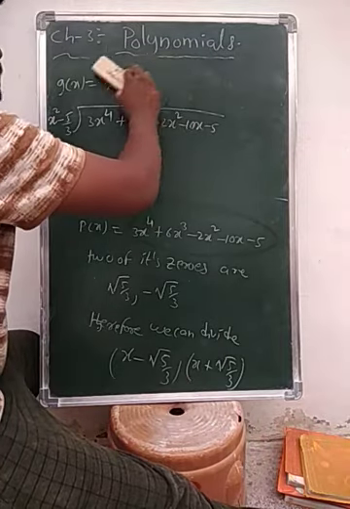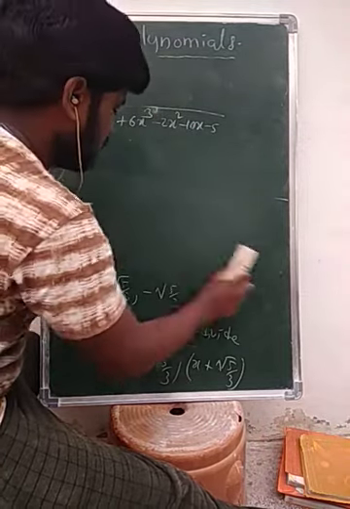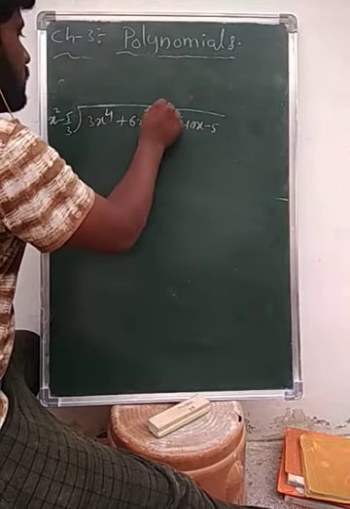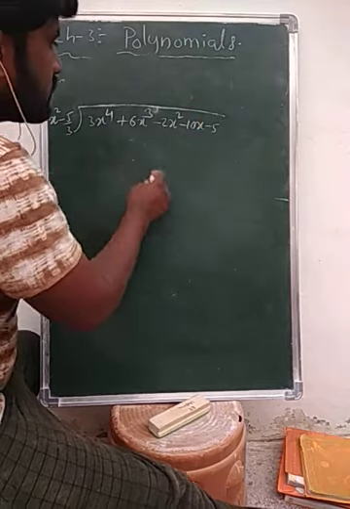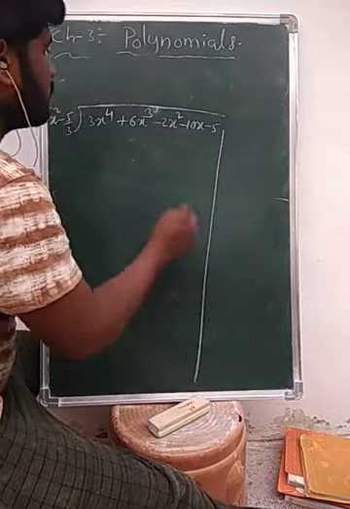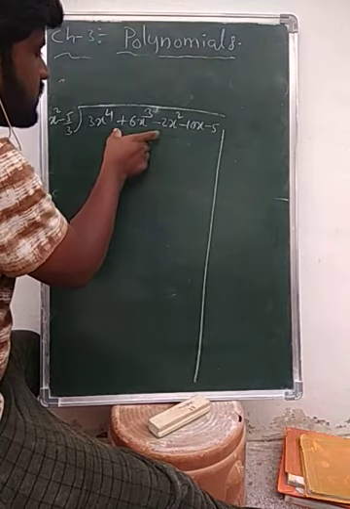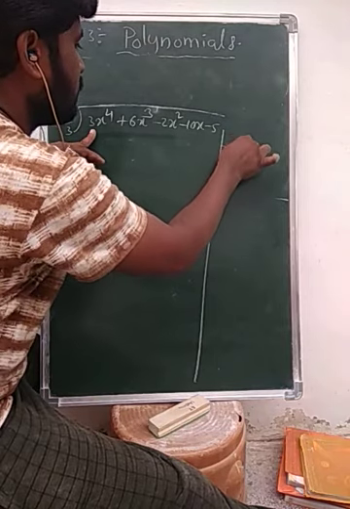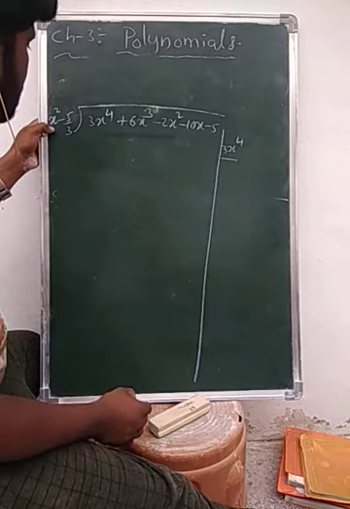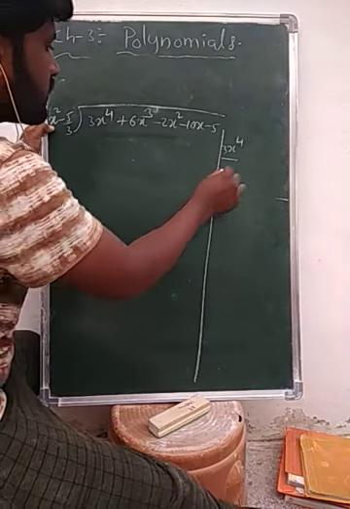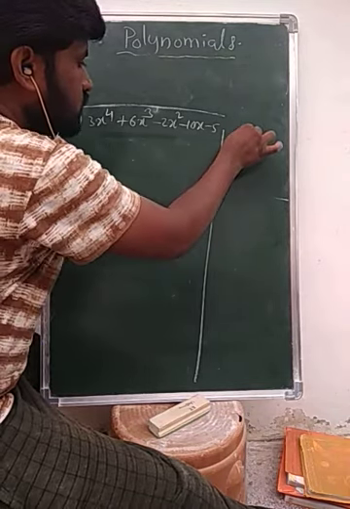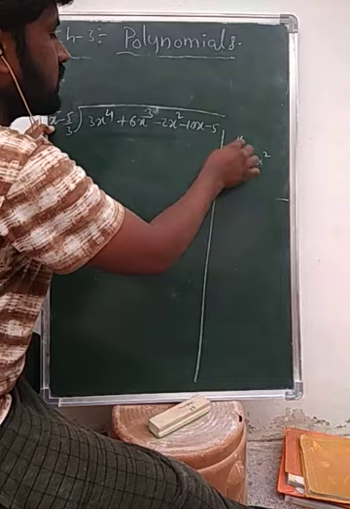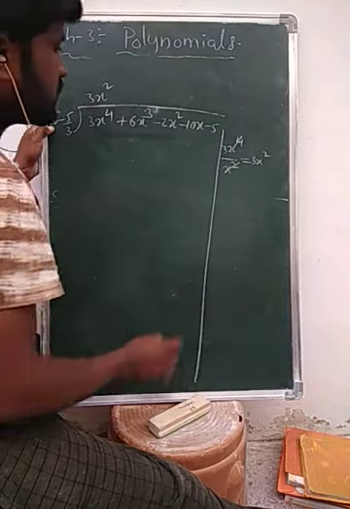Okay, now see what happened. In this dividend, what is the highest degree term? The highest degree term is 3x to the power of 4. And in the divisor, what is the highest degree term? That is x square. x square, x to the power of 4 cancel, means we get 3x square. We write in the place of quotient 3x square.